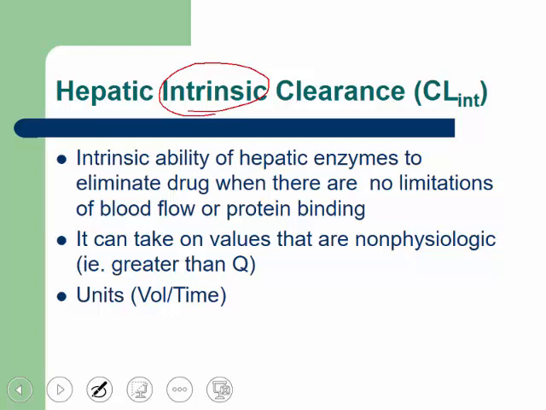They can be greater than blood flow, and that's when you have a really good intrinsic ability to clear drug. Intrinsic clearance is also a clearance term, so it's going to be volume per time.